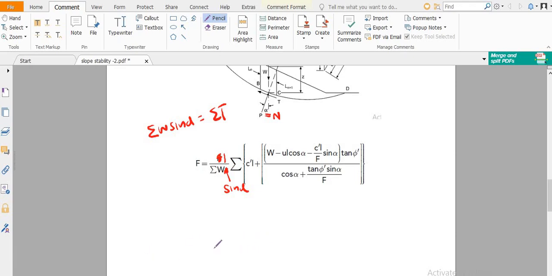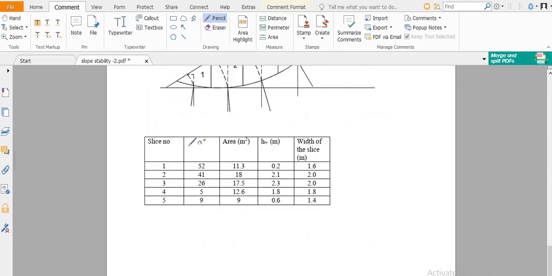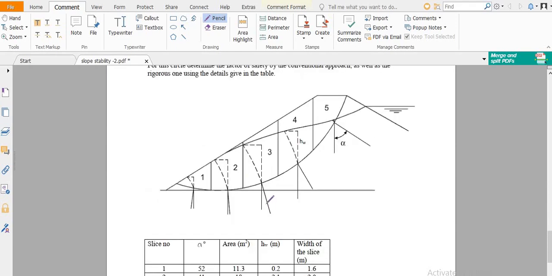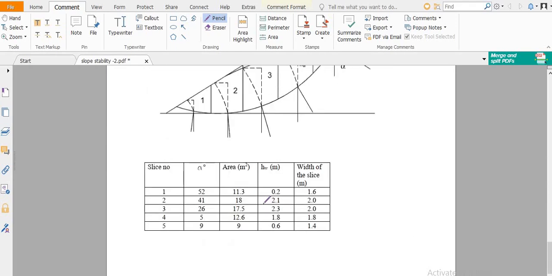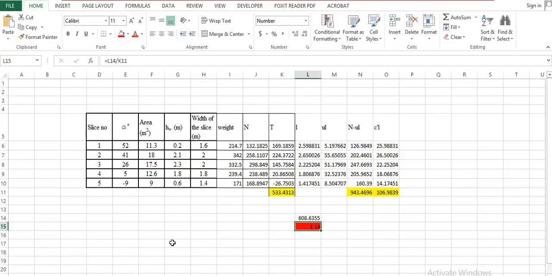So let's go back to the same scenario, the same example we conducted in the previous lecture, right? In the previous lecture we created this Excel sheet and found out that the factor of safety is something like this. The factor of safety found out is 1.14, right?